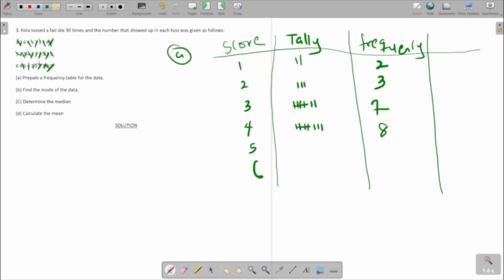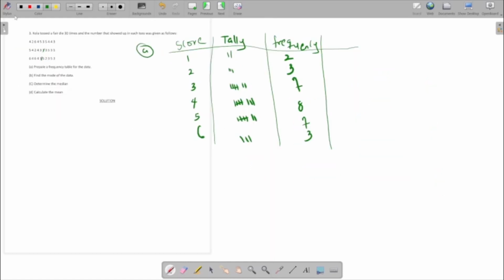I think we have 1 here again. We have 7. 1 2 3 4 5 6 7. So you have 7 here. So you have 6 showing up how many times? 1 2 3. You have 6 showing up 3 times. So you have 3 here. That is the solution for the table.